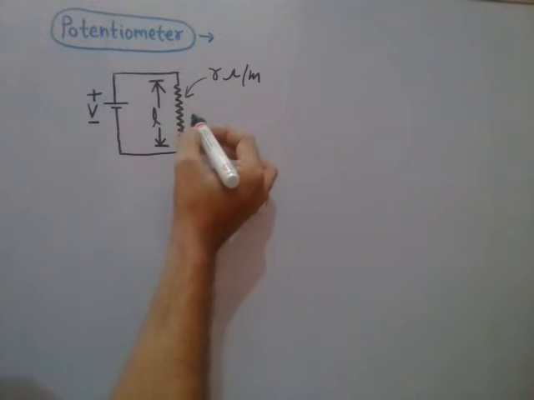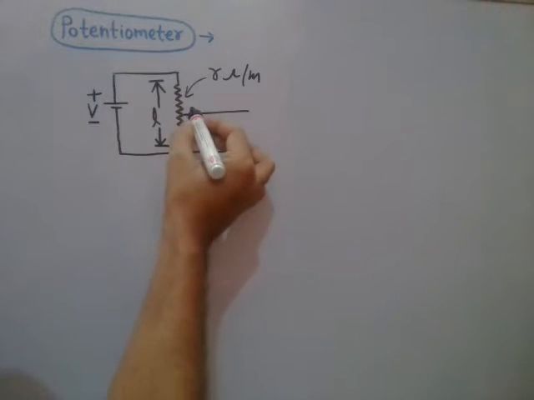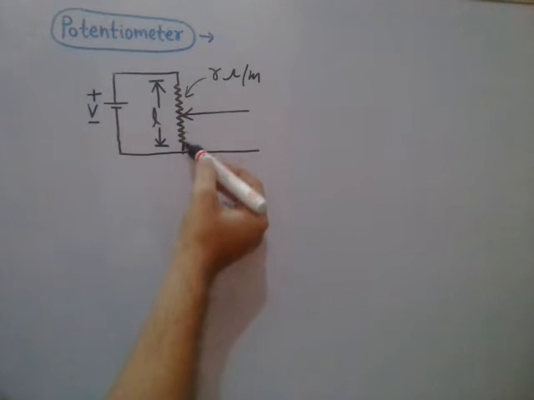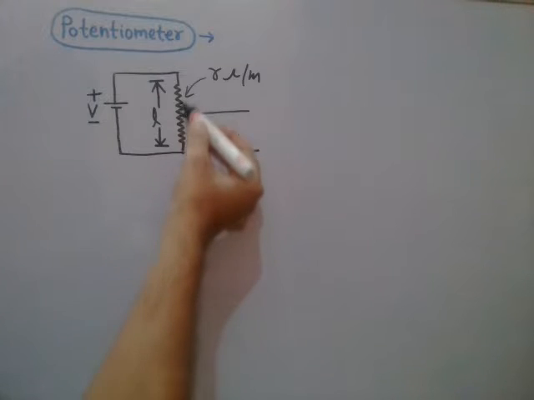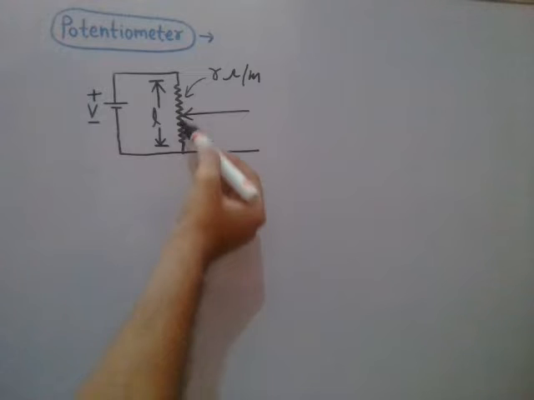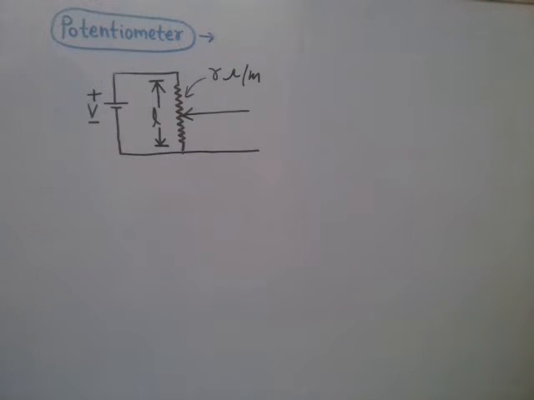And there is one stylus which is moving on this wire over this length L. Depending upon the movement, this distance will change.